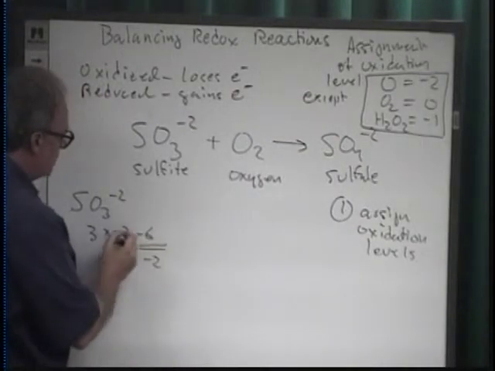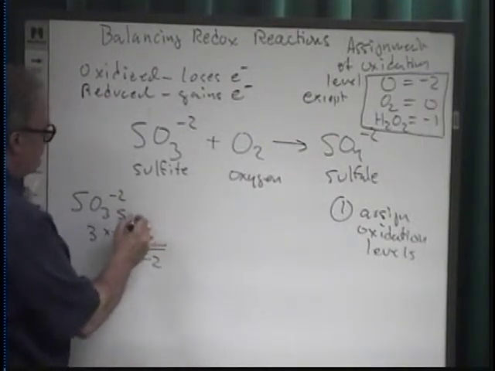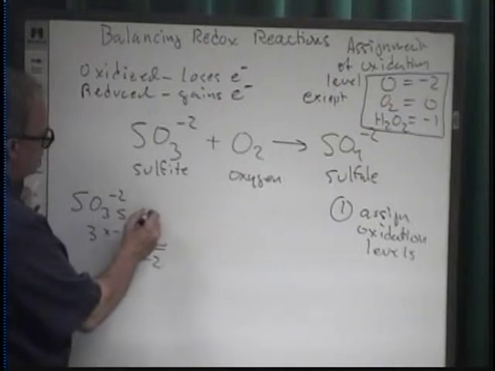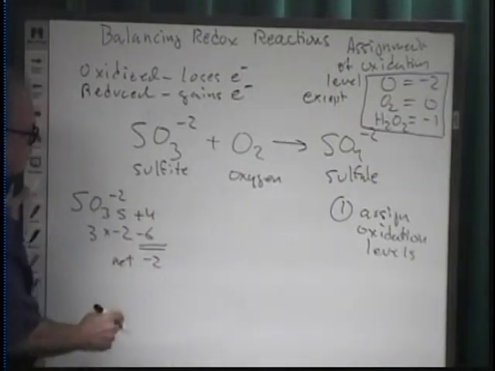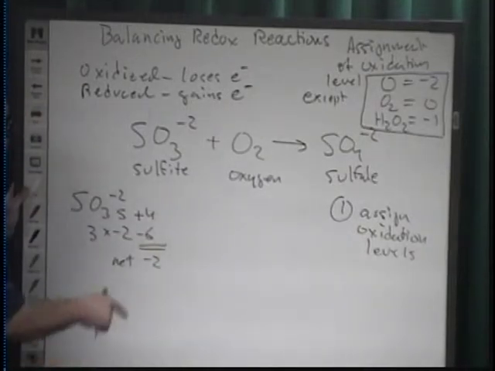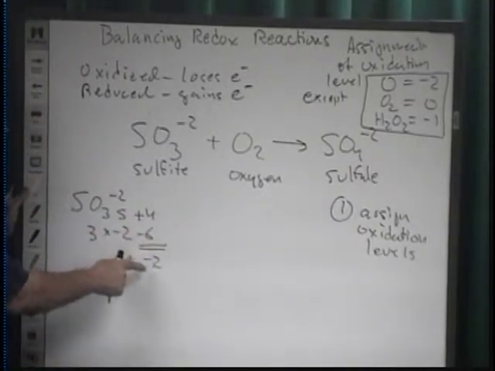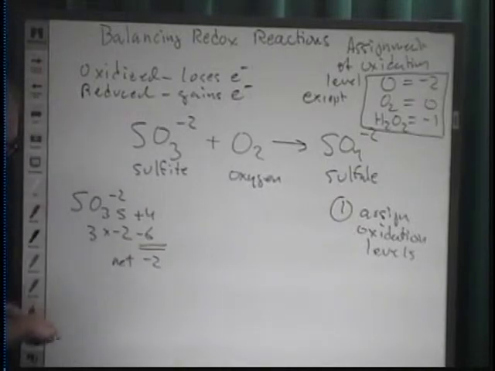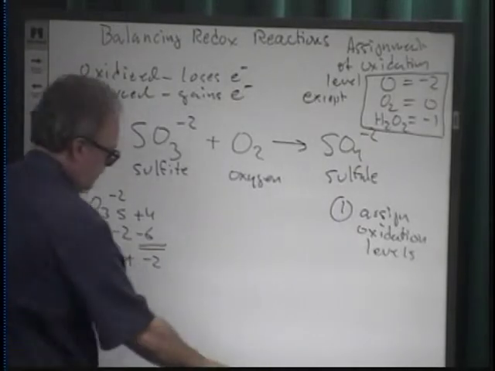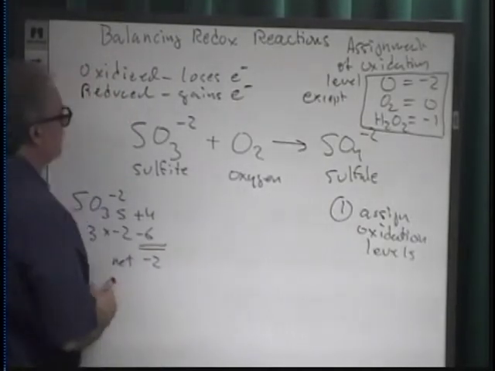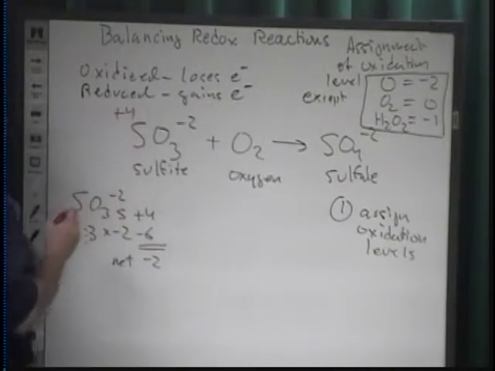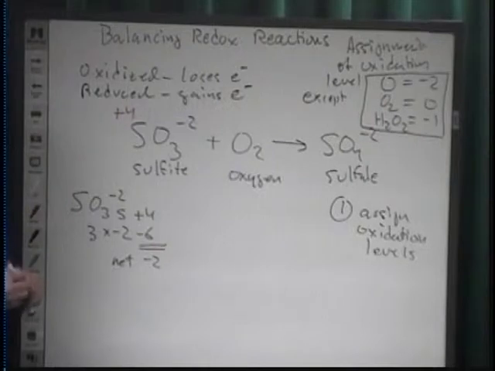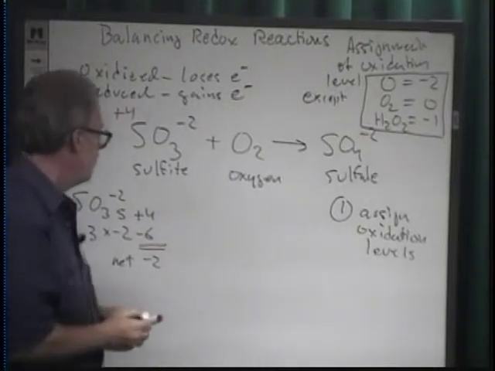So that's going to be -6, which means the sulfur in the sulfite must have an oxidation level of +4, because +4 added to -6 is going to be -2. So writing the oxidation levels in red, the oxidation level of sulfur in sulfite is +4.